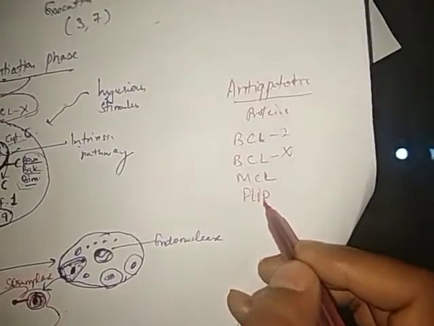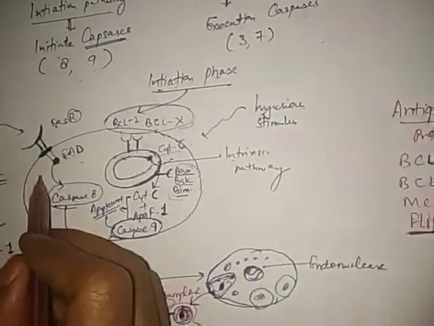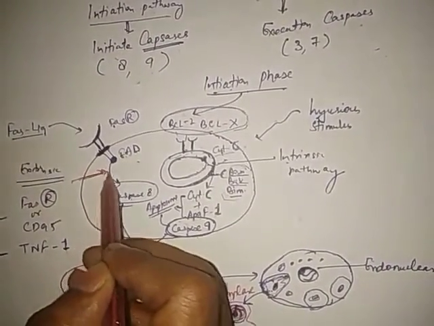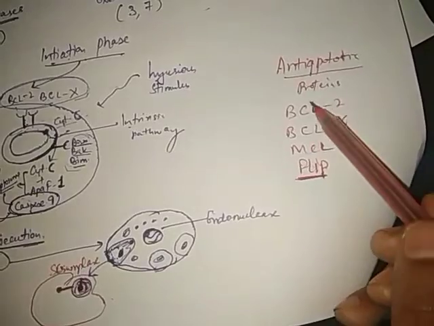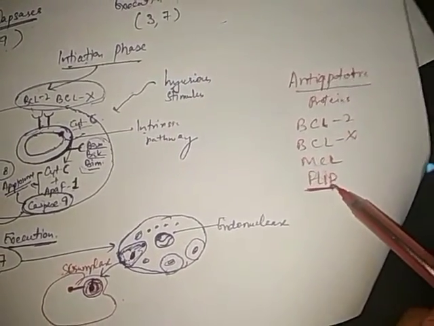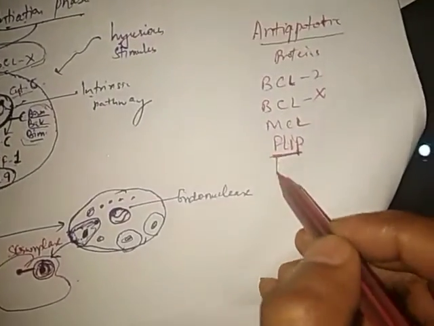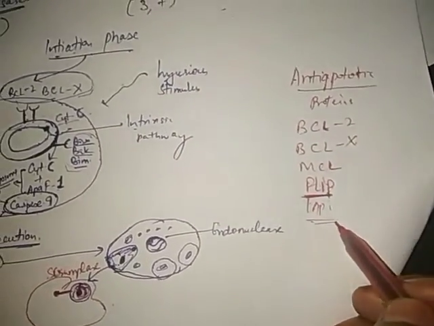I would like to tell you something about the FLIP protein. This FLIP protein basically blocks the extrinsic pathway and thus acts as anti-apoptotic. Another is IAPs. It is also an anti-apoptotic protein.